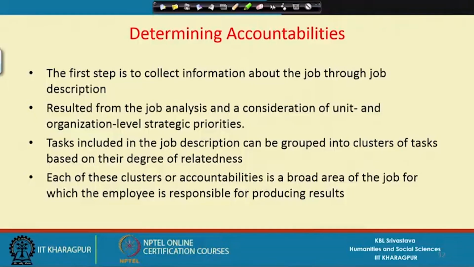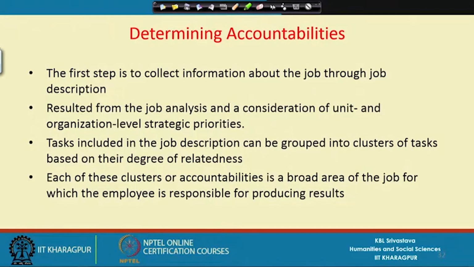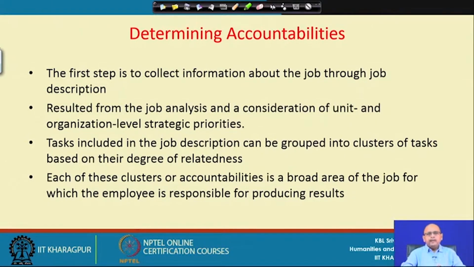Depending upon your key accountability areas, you are going to contribute to the performance, right. Once this job analysis is done and it is ensured that organizational level strategic priorities are met, through this you are going to perform your job, right. The tasks included in your job description, you identify the clusters of tasks, like the number of tasks and duties that you are going to perform and how they are related. Your teaching, research, training, consulting, everything is related with each other, and that is going to form the accountability.